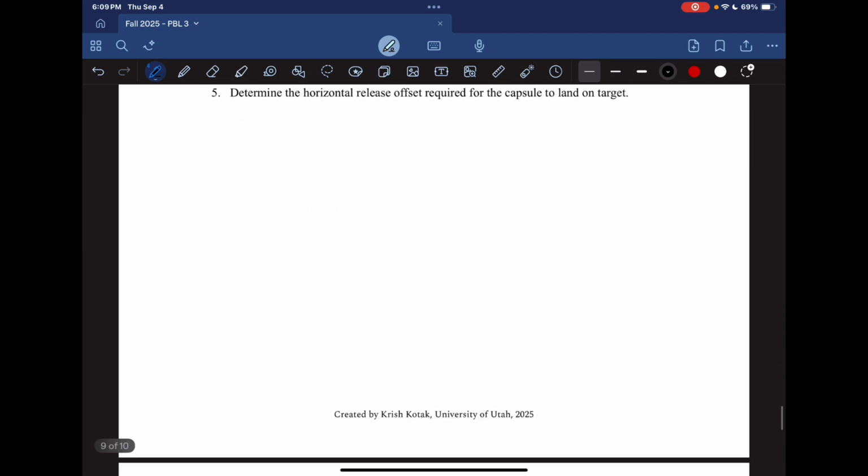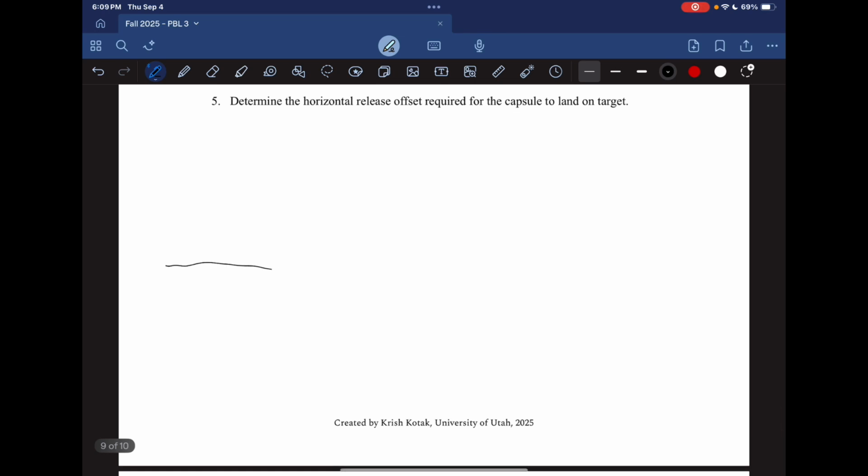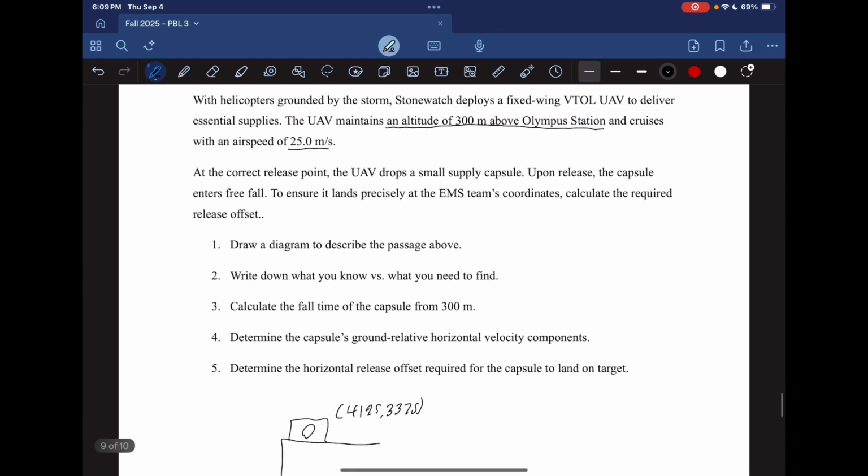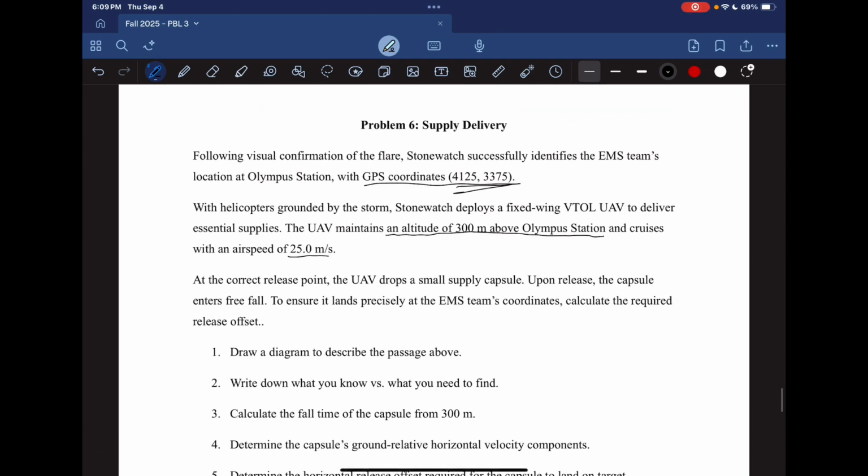So I'm first going to draw our same diagram. We have Olympus, and then we have Stonewatch. Again, this is 0, 1850, and then this is now 4125, 3375, based on this here.